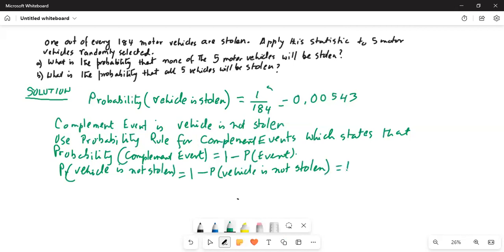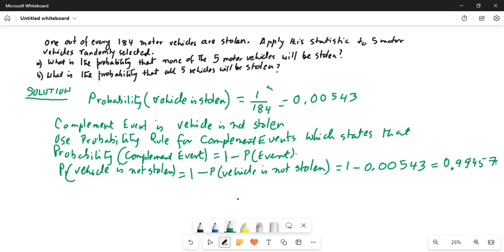And that is equal to 1 minus 0.00543, which is equal to 0.99457. Okay, the vehicle is not stolen.